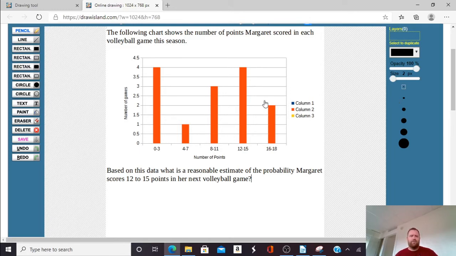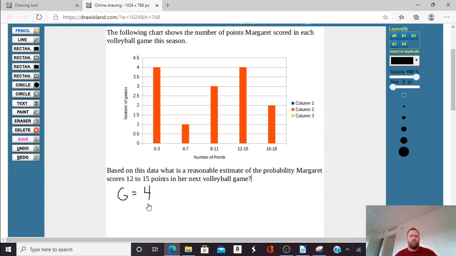Okay, so we can see that the good outcomes are 12 to 15 points. And we can see, looking across, that she did that in 4 different games. That's an outcome of 4.